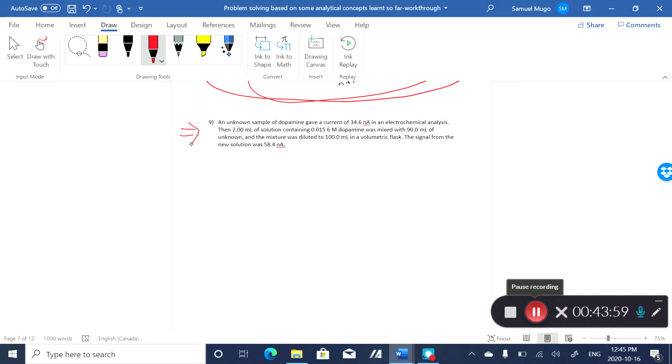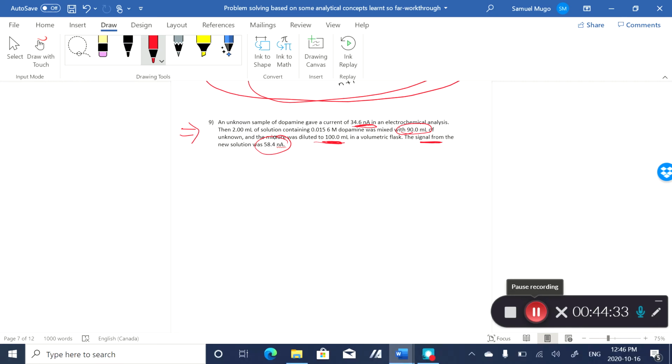So you're doing electrochemistry in this case, and they gave you a current, that's a signal. After that you took a sample and spiked into it 2 mL of a dopamine standard. Then that sample, which was 90 mL, you diluted to volume in a volumetric flask, and then you ran it again using electrochemistry to give you another signal right there.